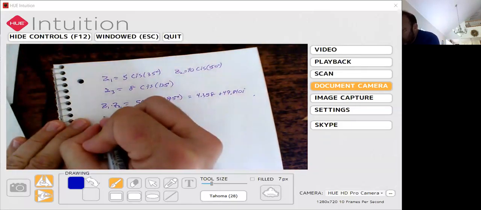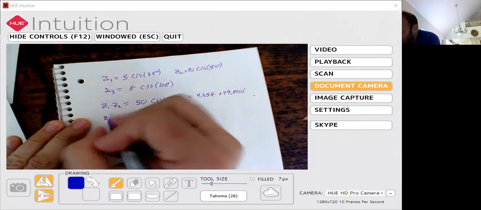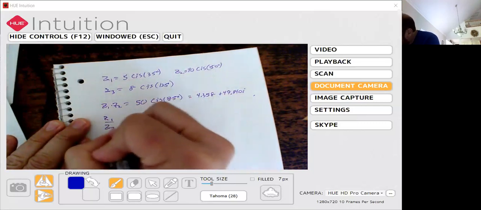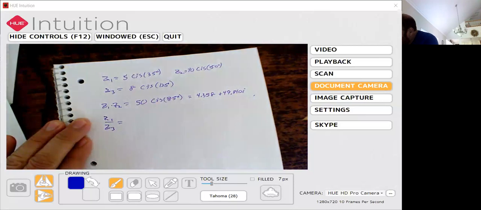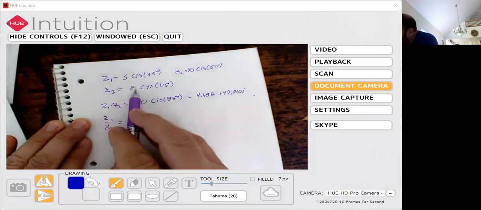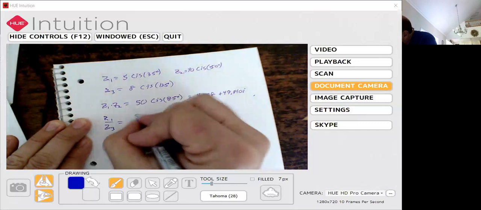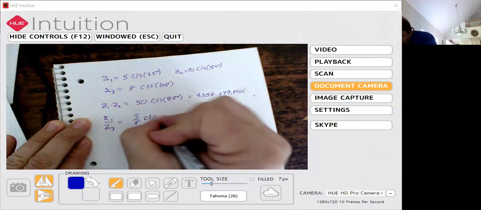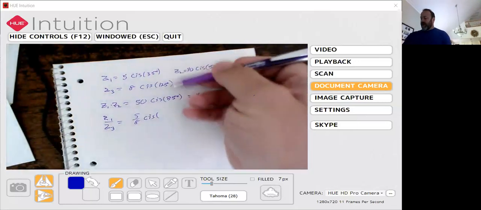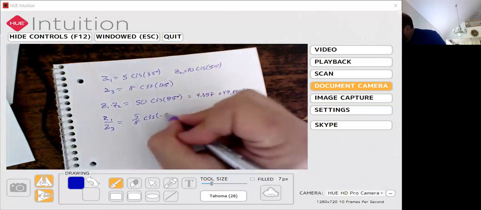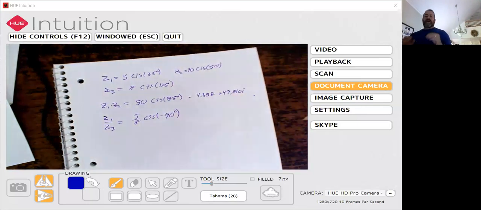If we wanted to take, say, Z1 divided by Z3 in a similar fashion as we did before, let's just divide the radii, 5 over 8, cis. I take 35, I subtract 125, I just got negative 90 degrees. Wait a minute, that's a really nice unit circle. That's where I got lucky.